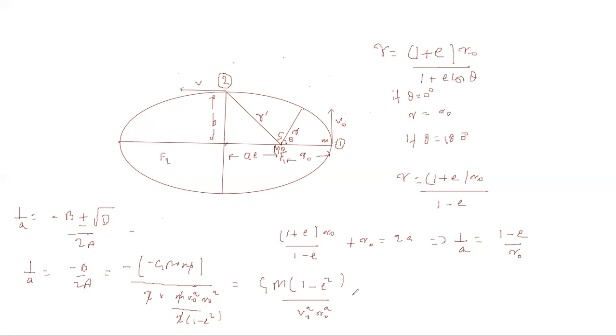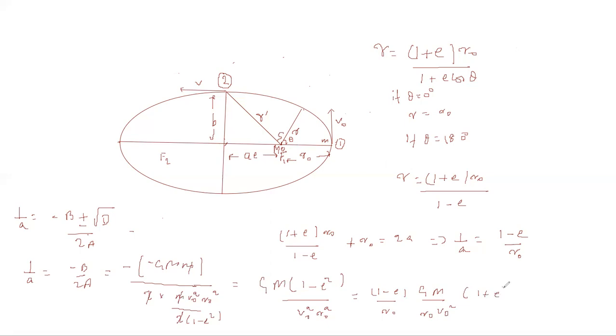So this thing will become equal to further (1 minus e) over r naught into GM upon r naught v naught square into (1 plus e).